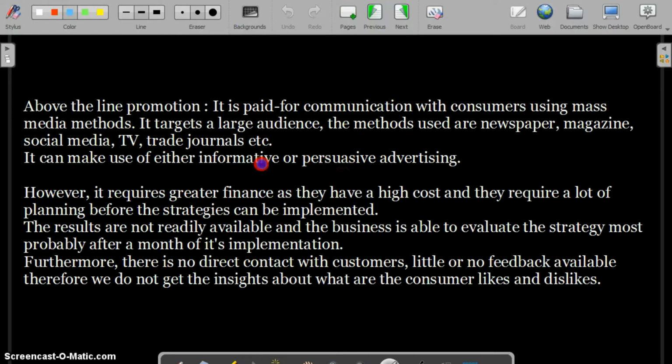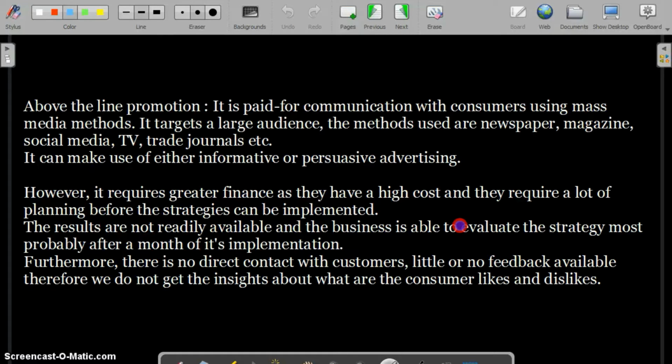Now, what are the cons of above the line promotion? It requires greater finance, as it has a high cost and requires a lot of planning before the strategies can be implemented. The results are of course not readily available, because you are covering a large audience, so the business is not able to evaluate the strategy effectively.